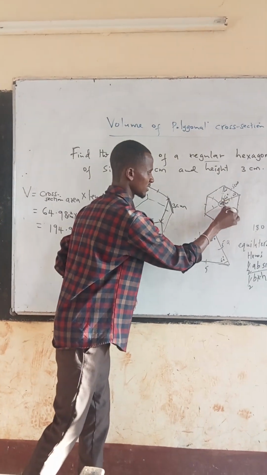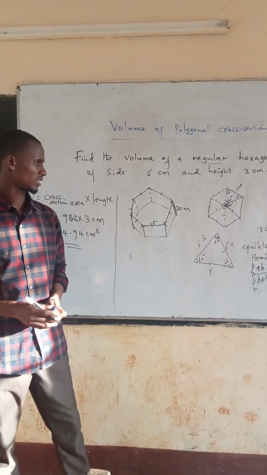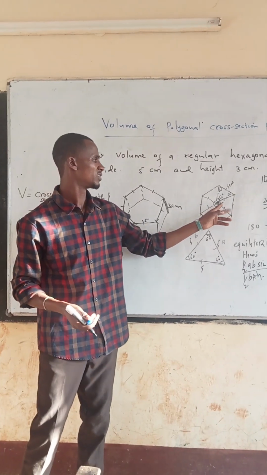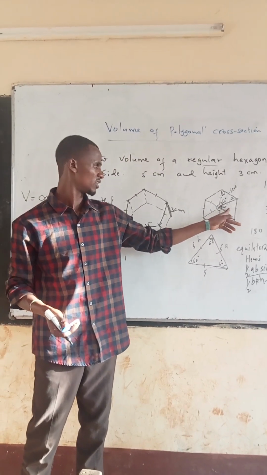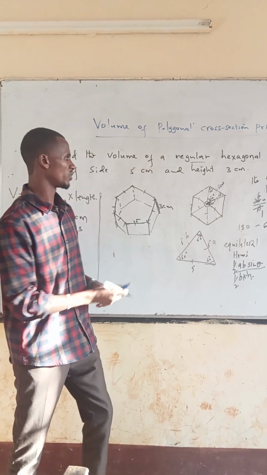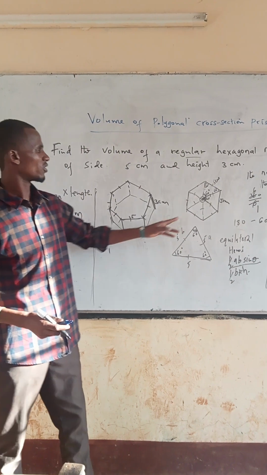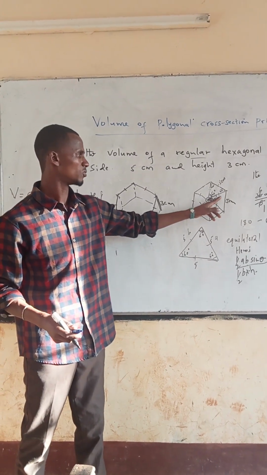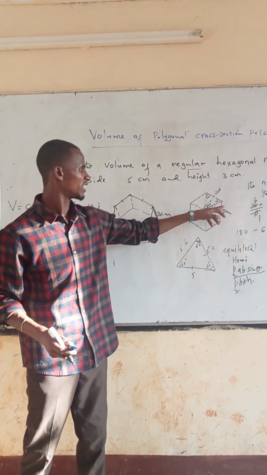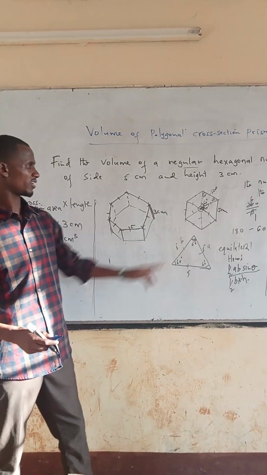This angle here is at the center of the circle, the angle obtained at the center. So we got it to be 60 degrees. If it is 60 degrees and we were given only one side, that is 5 centimeters, we now need to get the area of that triangle.